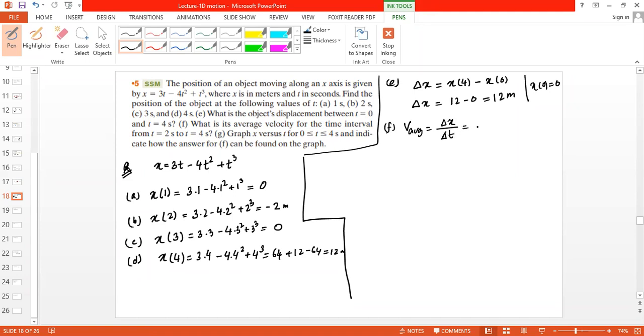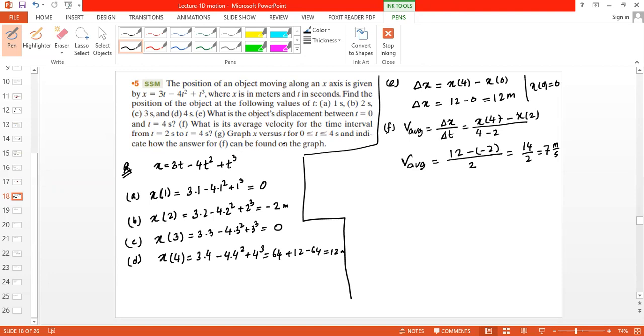So my time interval is between 4 seconds and 2 seconds, so 4 minus 2, over x of 4 minus x of 2. So V average is basically equal to x of 4 equal to 12 and x of 2 equal to minus 2, and then 2. So that is 14 over 2, that is equal to 7 meters per second. So this is my average velocity.